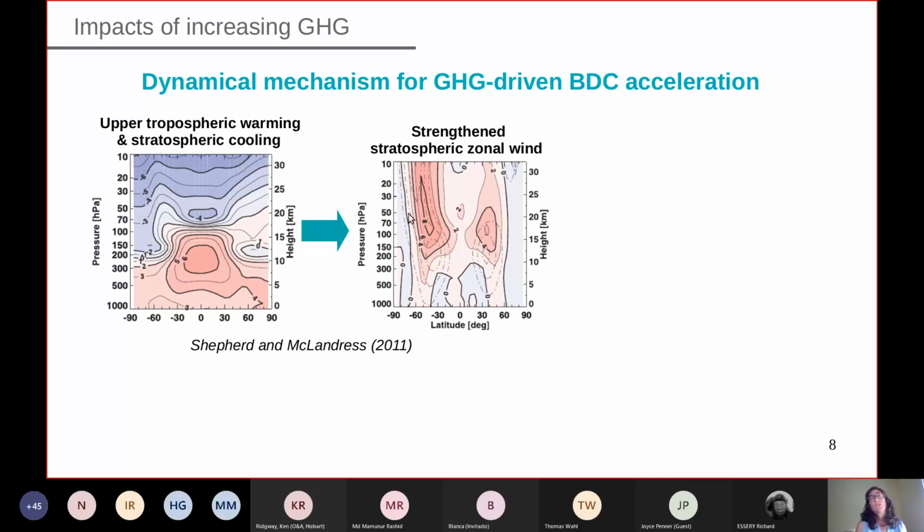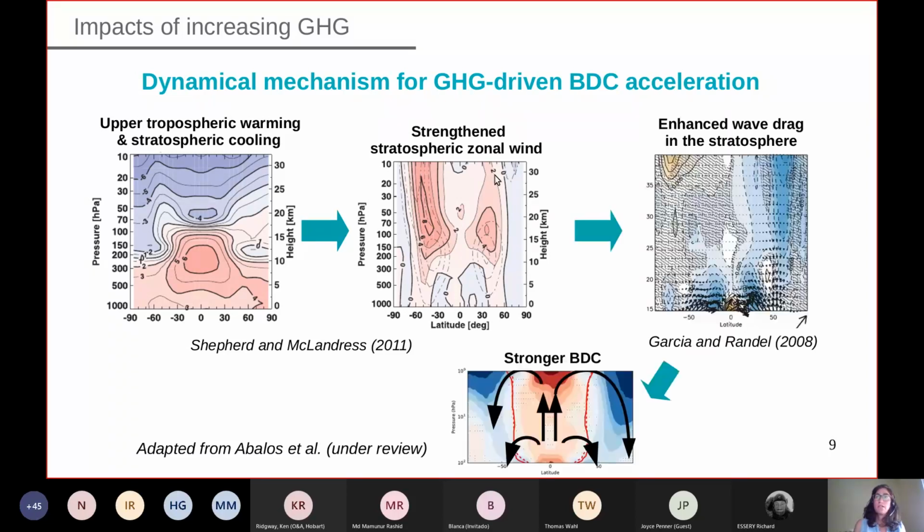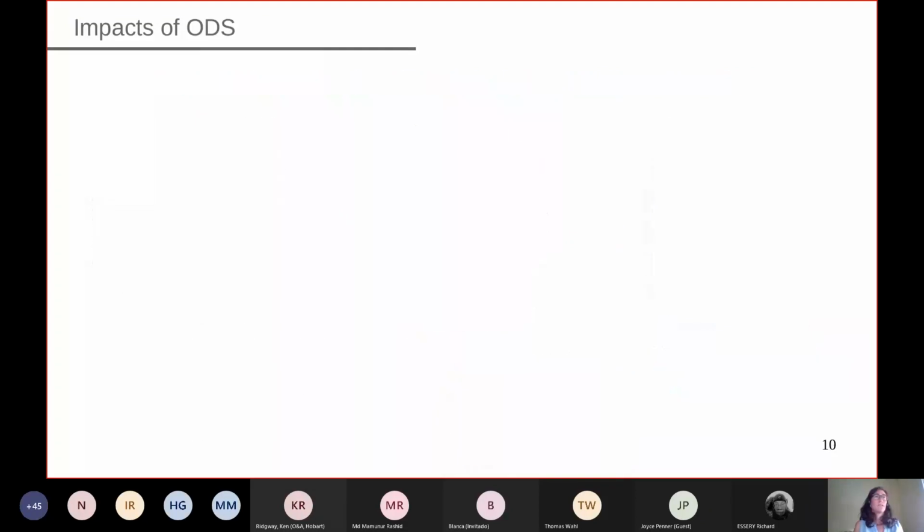So we end up with these strengthened stratospheric zonal winds, which in turn, as I said before, are very important for determining where the waves can propagate and where they dissipate. So we have enhanced wave drag in the stratosphere, and this enhanced wave drag is what's driving the strengthened Brewer-Dobson circulation in the future. So this is quite a well understood mechanism.